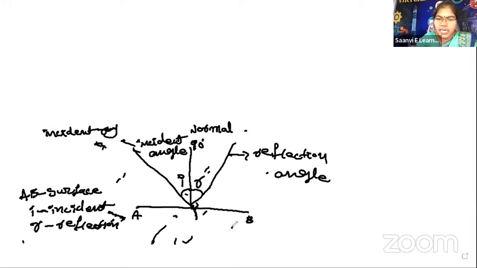The angle of incident is angle I, and the angle of reflection is angle R. AB is any surface, and it is not transparent, it is opaque. If you take a mirror, we will observe incident and reflection easily.